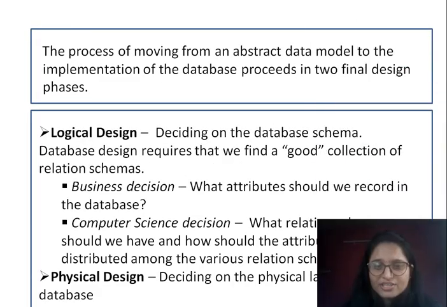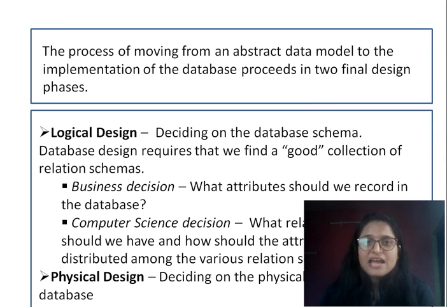Now dear students, the process of moving from an abstract data model to the implementation of the database proceeds in two final design phases. Suppose you have an abstract view of your data, right? So for the abstract view, in the original database design process there are two steps: logical design and physical design.